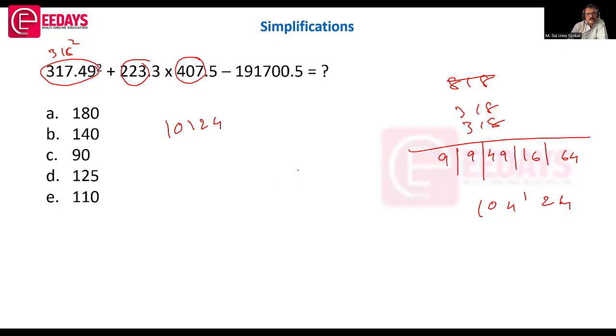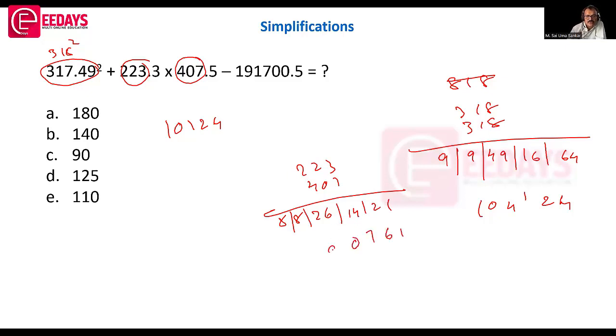Next, 223 into 407. This is equal to 8. 0 plus 2, 8. This is equal to 7. 14 plus 12, 26. 14 and 21. 1, 6, 7, 0, 9.